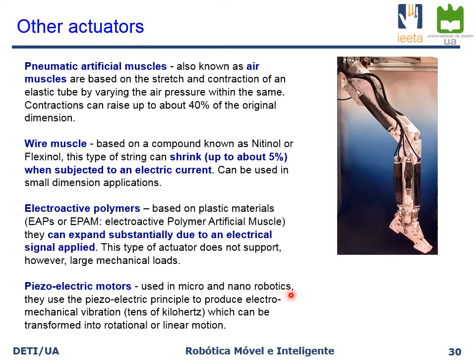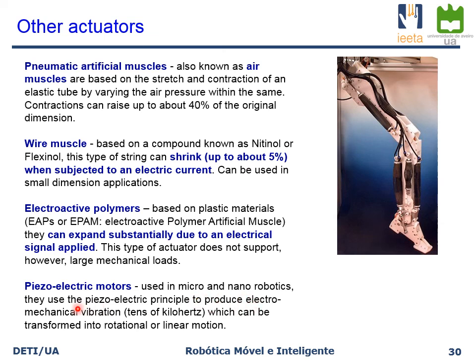And this type of piezoelectric motor uses the piezoelectric principle. The piezoelectric principle states that there are certain types of crystals that, when subject to the application of a voltage to two opposing faces, will produce a compression force in the faces that are normal to these ones.